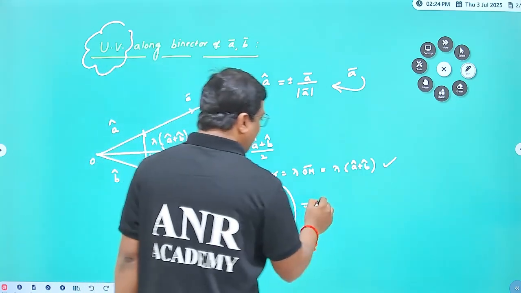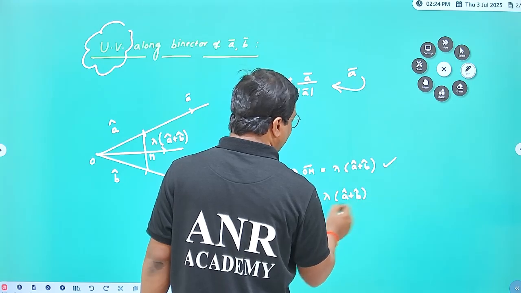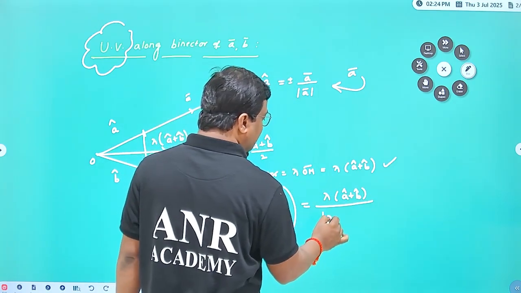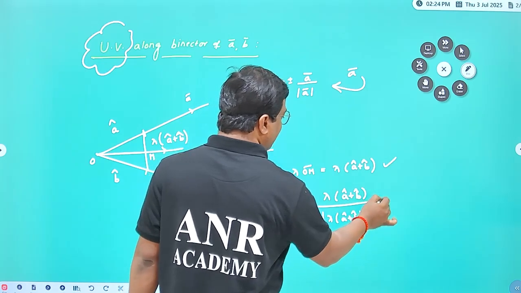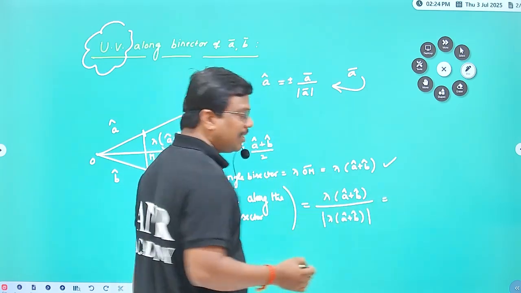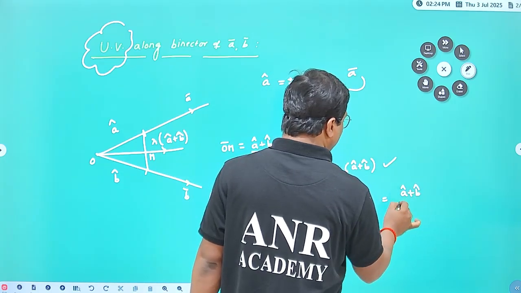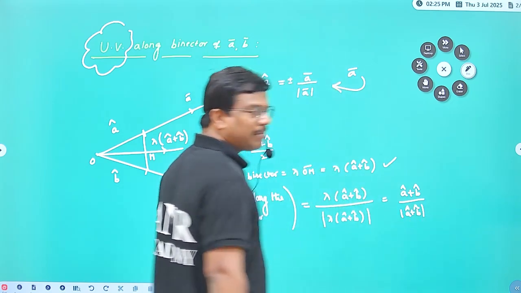So lambda multiplied by a cap plus b cap, whole divided by its magnitude, modulus lambda into a cap plus b cap. So lambda gets cancelled and we get a cap plus b cap divided by modulus a cap plus b cap.